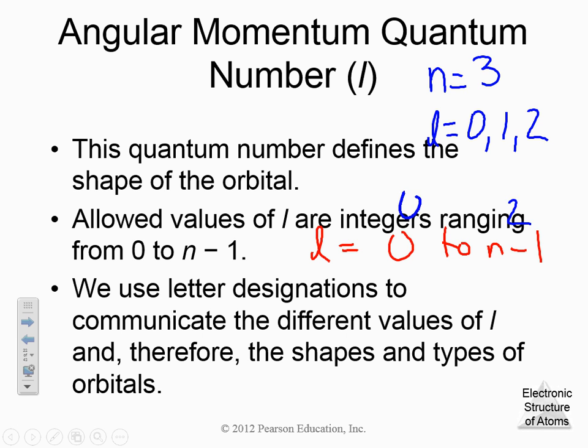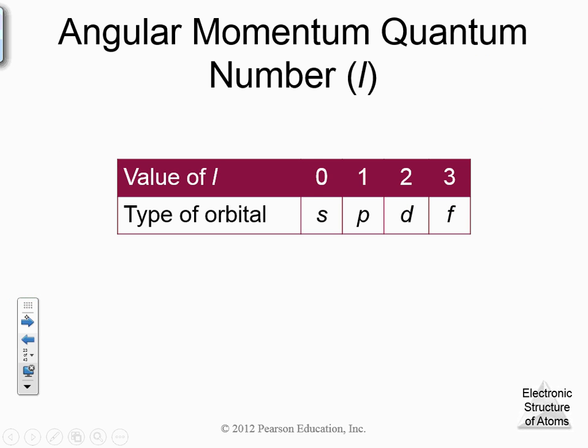So it could be 0 to 2, which means that when I have an energy level 3, my L value could be 0, 1, or 2. Now to translate, we use these numbers, 0, 1, or 2, really represent the shapes of the orbitals. So what does 0, 1, or 2 mean? 0 represents that it's an s orbital. 1 represents it's a p orbital. 2 represents it's a d orbital, and 3 represents it's an f orbital.